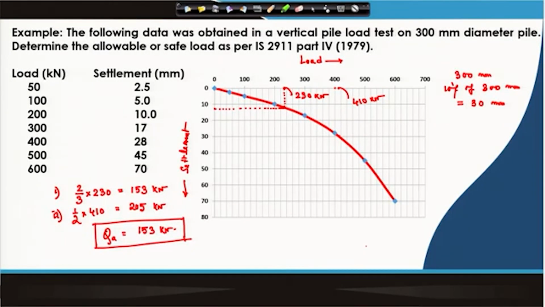I will discuss basically two methods, and I will also solve one numerical problem to show how we can determine the ultimate load by using that theoretical approach, where we will get the load settlement curve as well as the ultimate load and the settlement at the ultimate load point. Thank you.